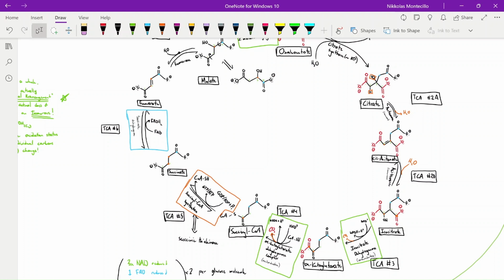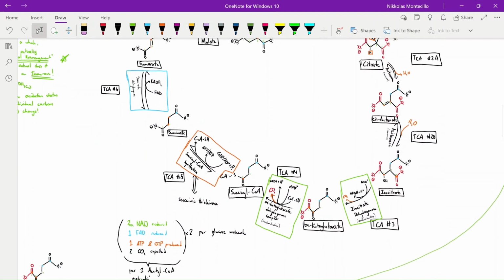For this particular step, highlighted in orange, this is the only step that shows the phosphorylation of ADP or GDP into GTP or ATP, right? And we can see over here that FAD is reduced to FADH2, and this is the only step that's highlighted. Remember that there are two pyruvate molecules produced from glycolysis, so naturally there would also be two acetyl-CoA molecules synthesized from pyruvate reacting with the dehydrogenase complex.